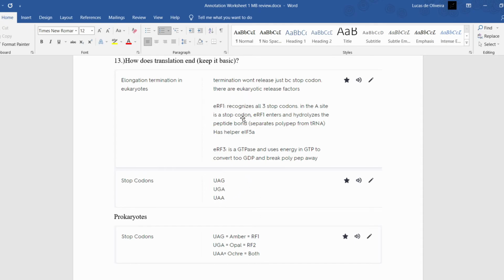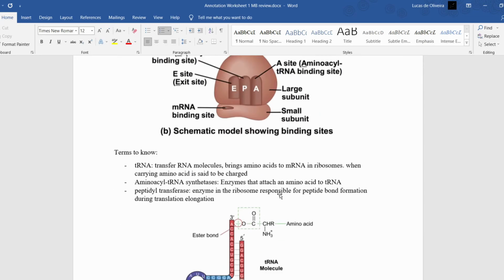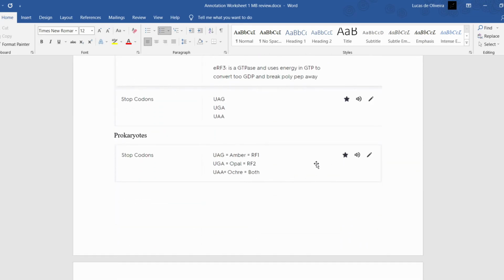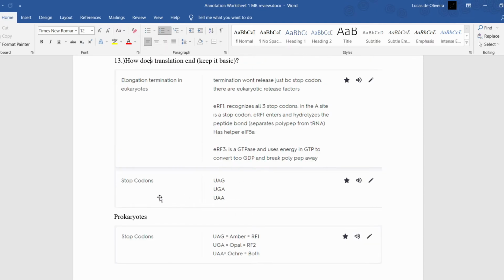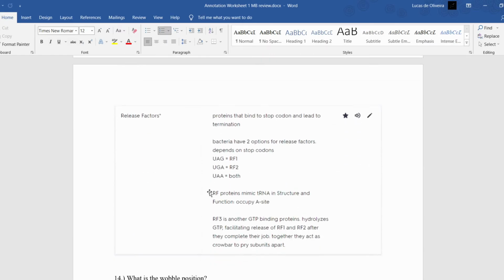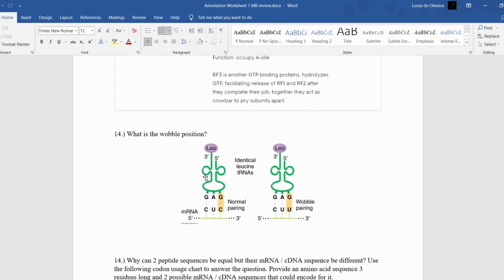Release factors are shaped like tRNA, so they fit into these APE sites easily. The release factor will bind. It mimics a tRNA, but it's not. A process occurs and translation ends. I won't go into more than that. But here's some details on the release factors.